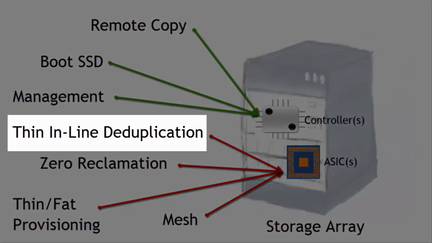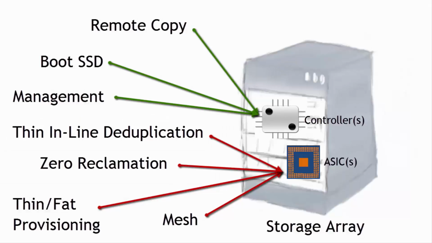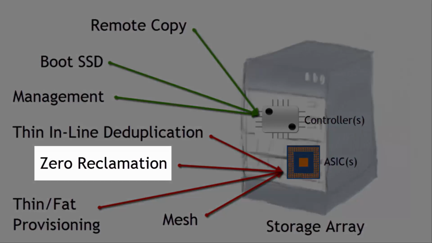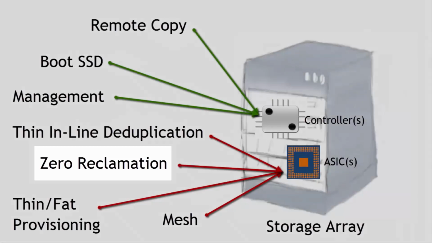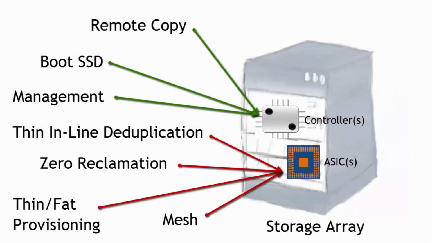I want to deduplicate as data comes in. I want to make sure that it's right there being done on the chip. I want some form of zero reclamation occurring within my environment, so that when I delete files, all those zeros that tend to get lost and cost me storage capacity, I want to be able to reclaim those.